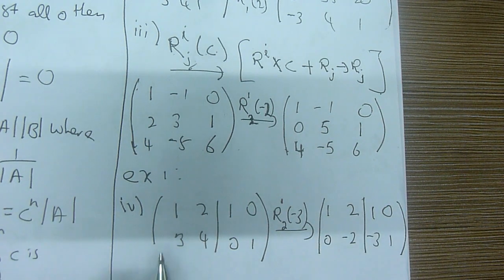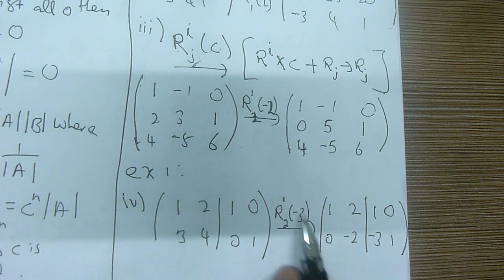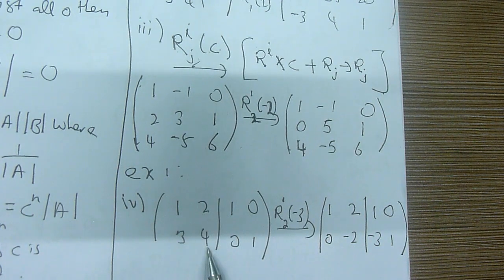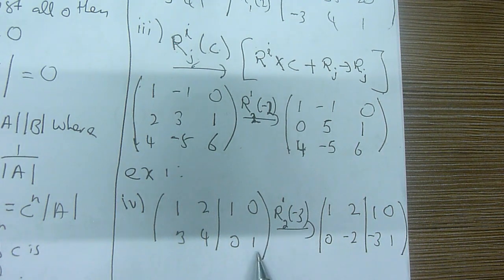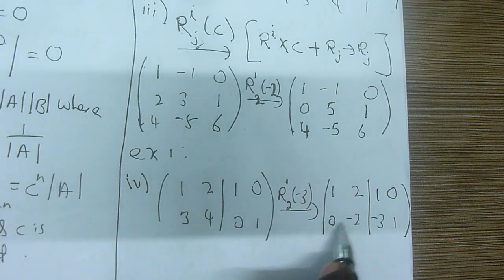How do I know? You check and see. 1, negative 3, 3, 0. Negative 6 plus 4, negative 2. 1, negative 3, 0 plus 1, you get a 1. Same.